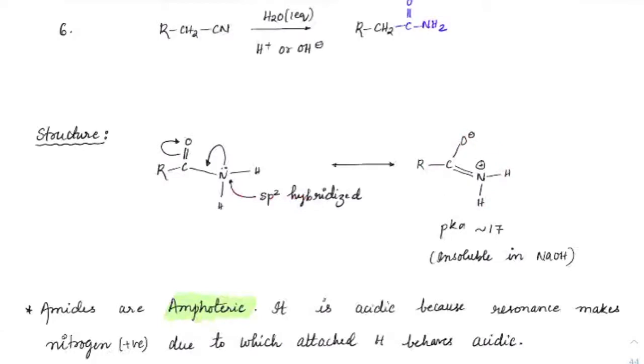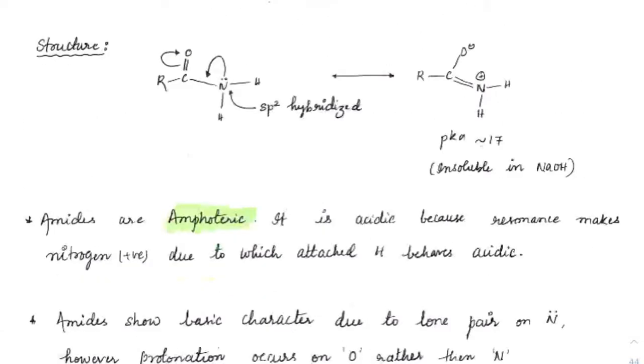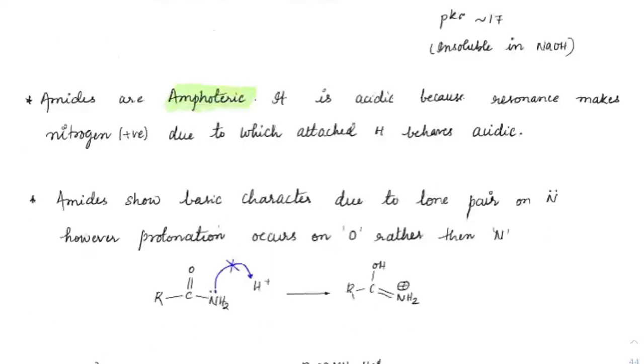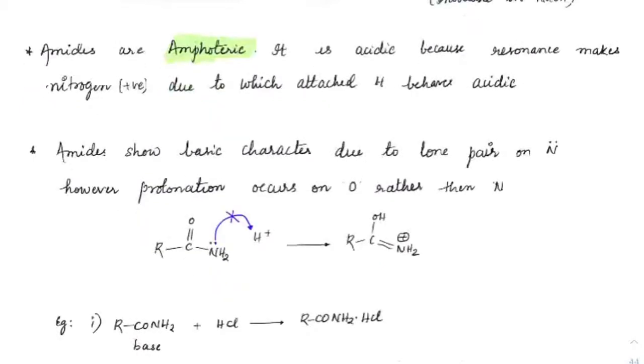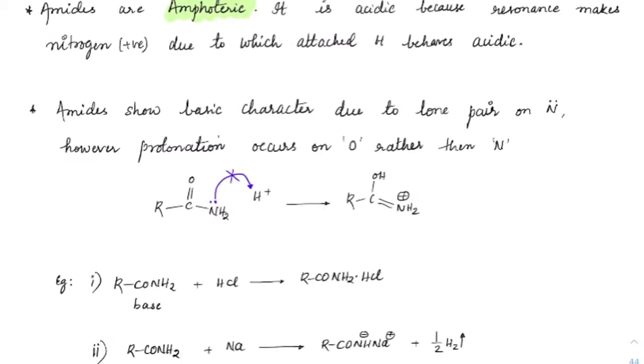Hence, instead of the lone pair attacking the proton, it is the oxygen which attacks the proton, and you would have this form more. So whenever you protonate amides, do not do it at the lone pair of nitrogen. It is always from the oxygen end. So you'll get this. Basically it is showcasing both acidic and basic properties here.